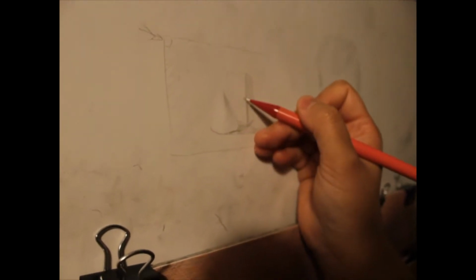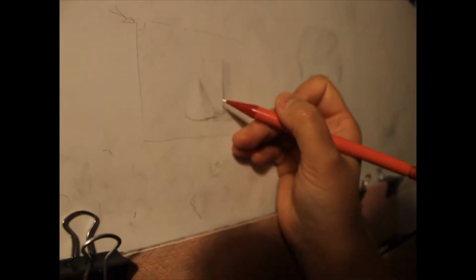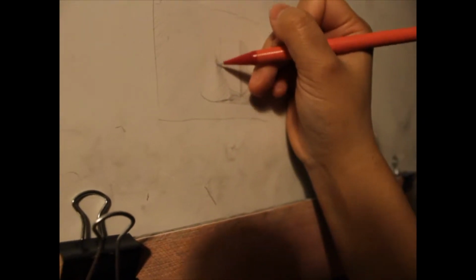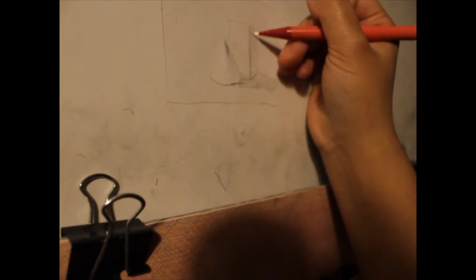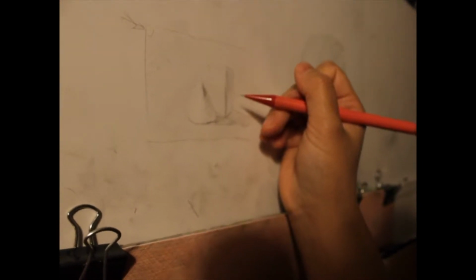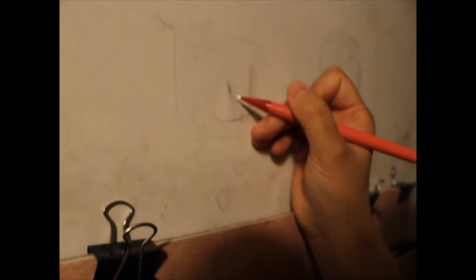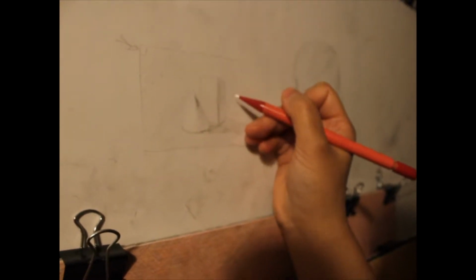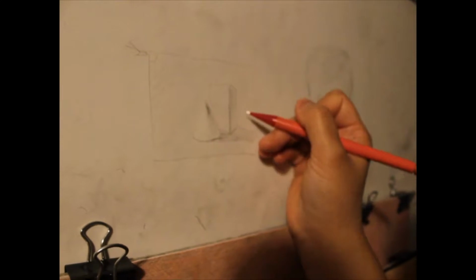So if there are two objects here, what's the difference between this one and this one? Should this part be a lot darker than this part here, or are they very similar? What's the difference between them and the background between and here? What's the difference between here and here?